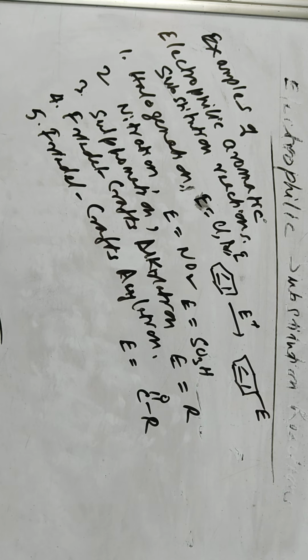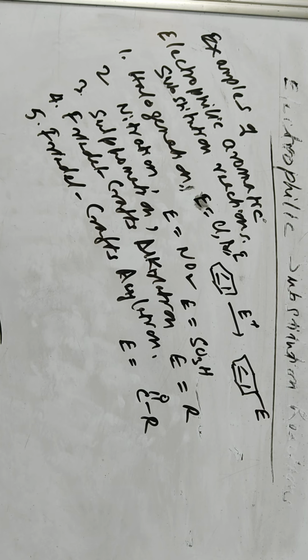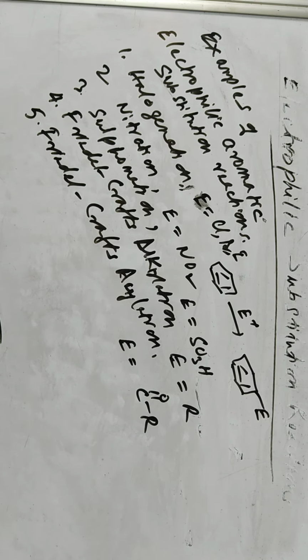Comparing with alkenes, reaction takes place to give an addition product. However, the aromatic system undergoes electrophilic substitution, because the addition product is not aromatic. That's why benzene undergoes electrophilic aromatic substitution reactions, such as halogenation, nitration, sulfonation, and Friedel-Crafts alkylation and acylation. This will be discussed in the next class. Today we wind up here.